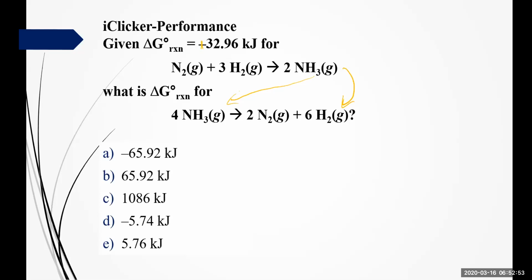We can also see that this value, our 2 compared to the 4, needs to be doubled. So we take 32.96 and double it, and we should be getting B, 65.92, as we move forward.